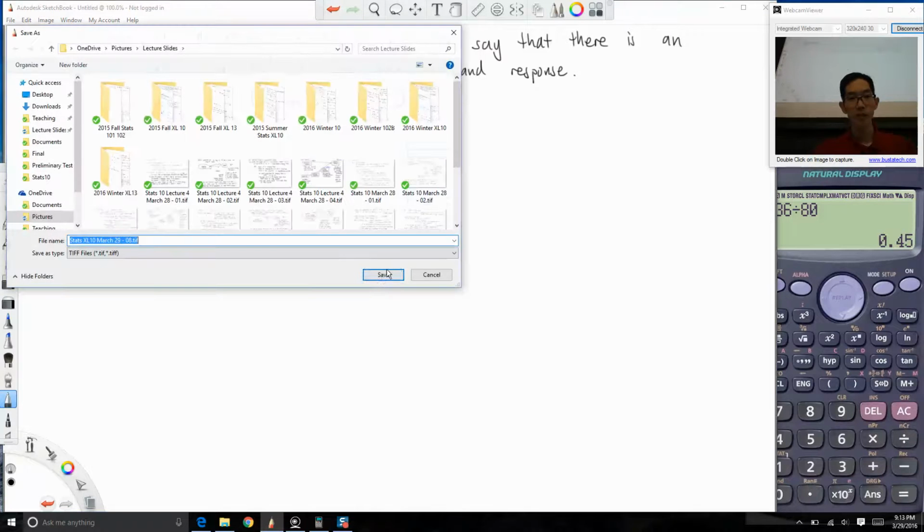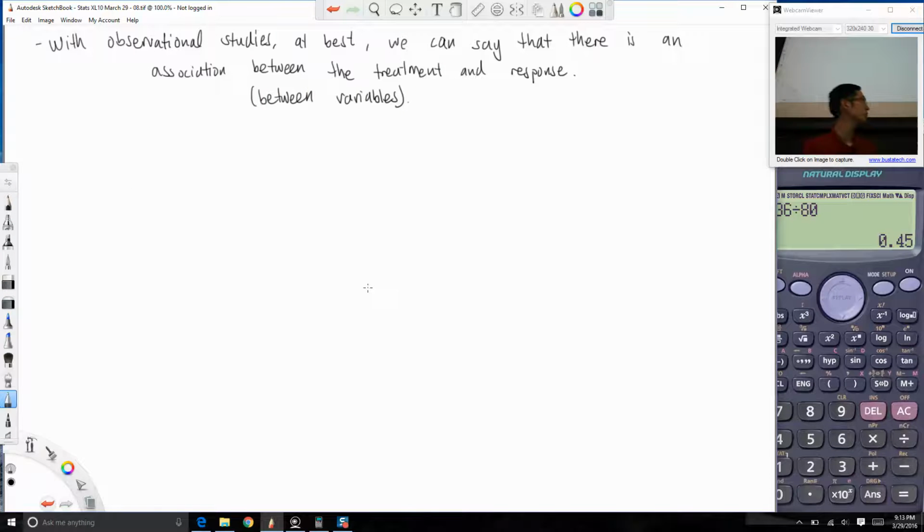So with an observational study, you cannot say one causes the other. You can just say that increased amounts of stress are associated with increased risk of heart failure, but we cannot say that stress is the thing that causes the heart failure.